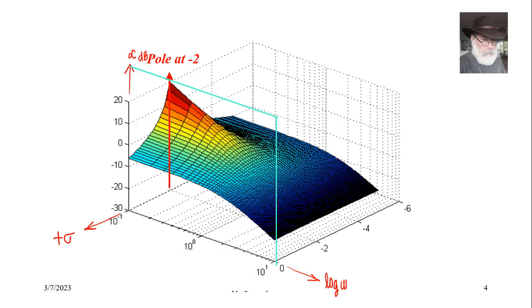The pole is in reality here on the negative real axis at -2, but that will have the effect on the intersection of that surface with our paper of introducing a corner at exactly +2 radians per second. So you see, the pole might be at -2, but its reflection appears on our paper plot at +2 radians per second. And that is that.